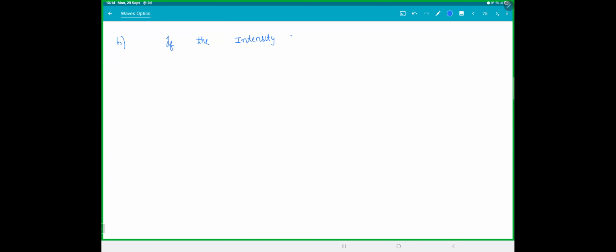If the intensity of one slit is increased, what happens to the intensity on the screen?